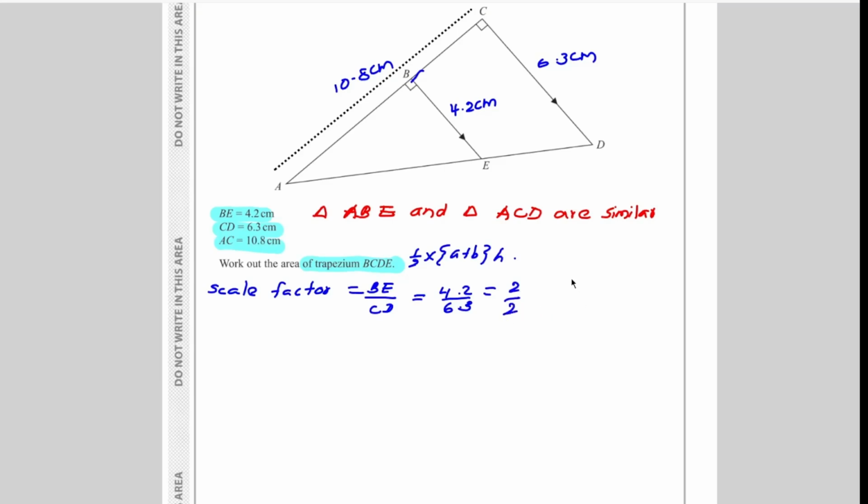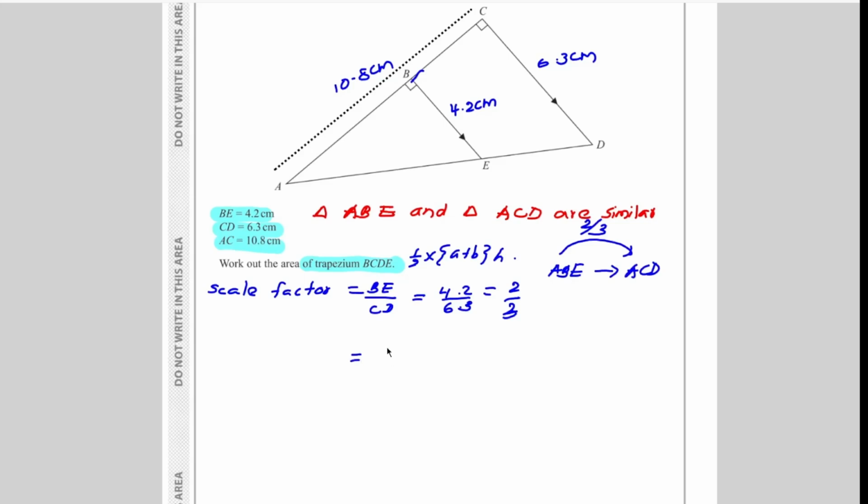This is, remember, from the smaller triangle ABE to ACD. You should remember the way we got the scale factor: 2 over 3. Now we need to get the length, the height of AB.